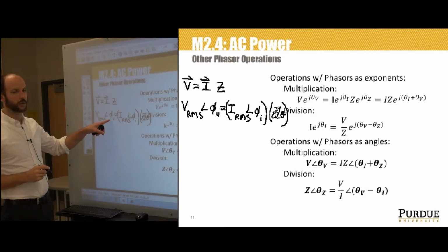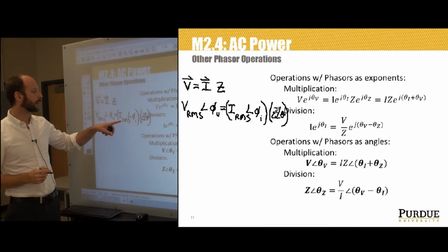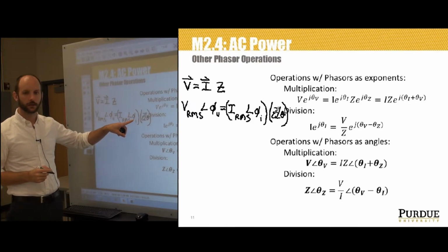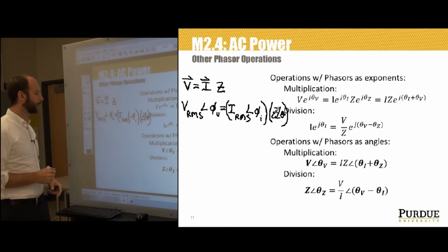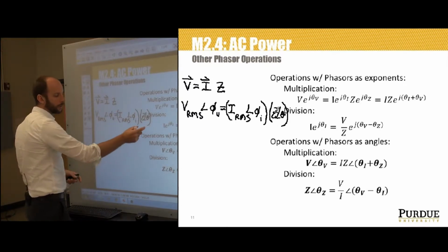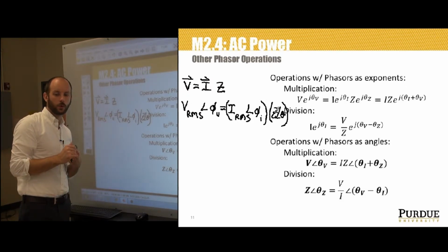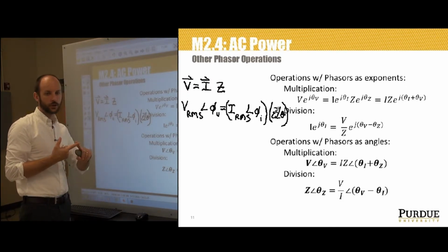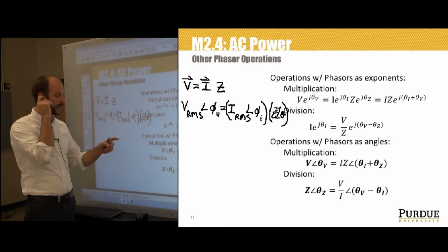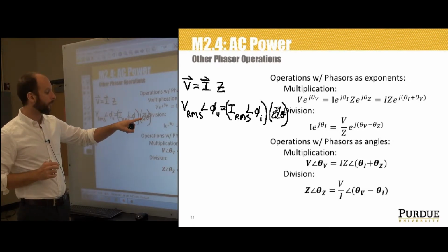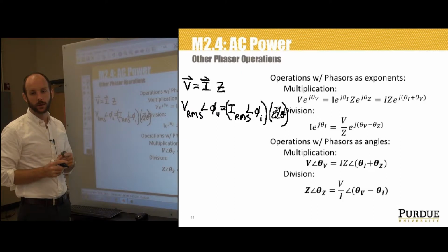The RMS voltage at whatever its angle is, the I RMS current at whatever its angle is, times Z at whatever its angle is, right? So what are we saying there? Well, remember that in a complex impedance, we have real and imaginary components. We've got the resistance and the reactance, so that gives us impedances that can be written in rectangular or polar form.